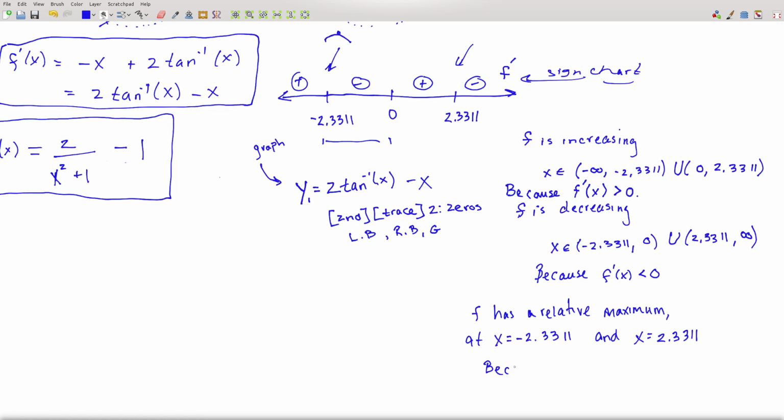This is because the first derivative switches from positive to negative at these values for x. Right? That is the reason why.